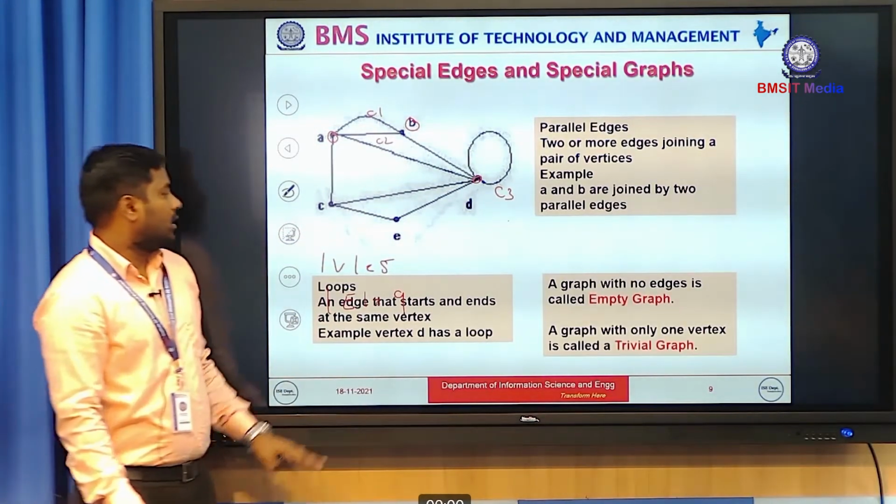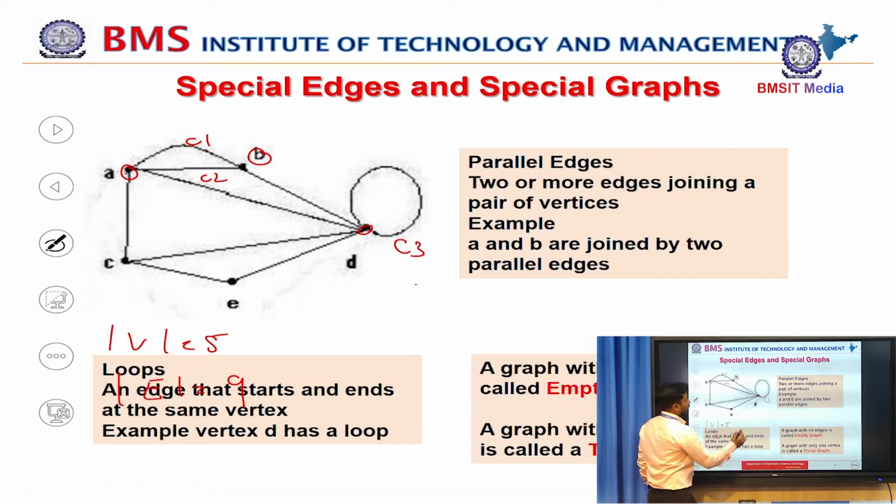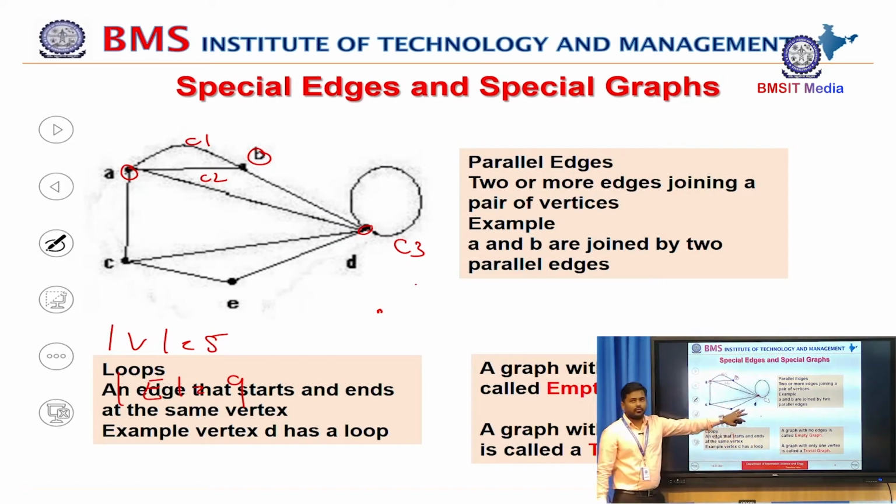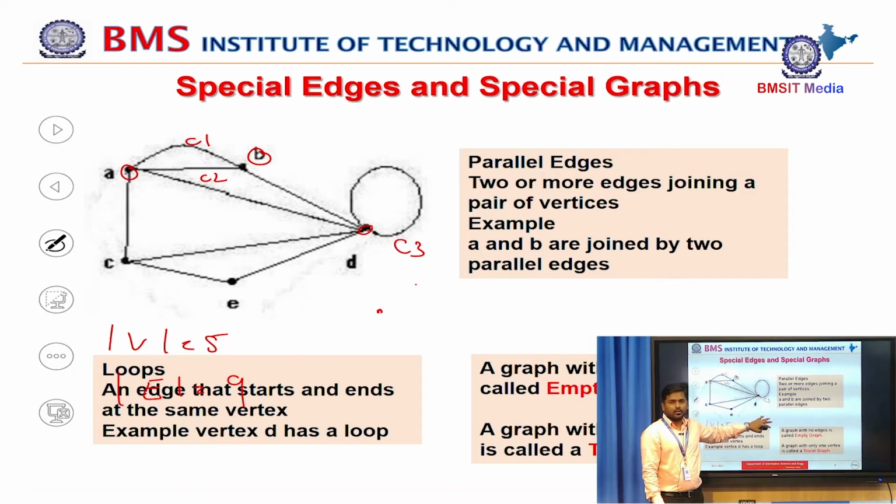If we have a graph, we can represent it with one vertex. This graph with only one vertex and no edges we call an empty graph. And if we have only one vertex, we can call it a trivial graph.